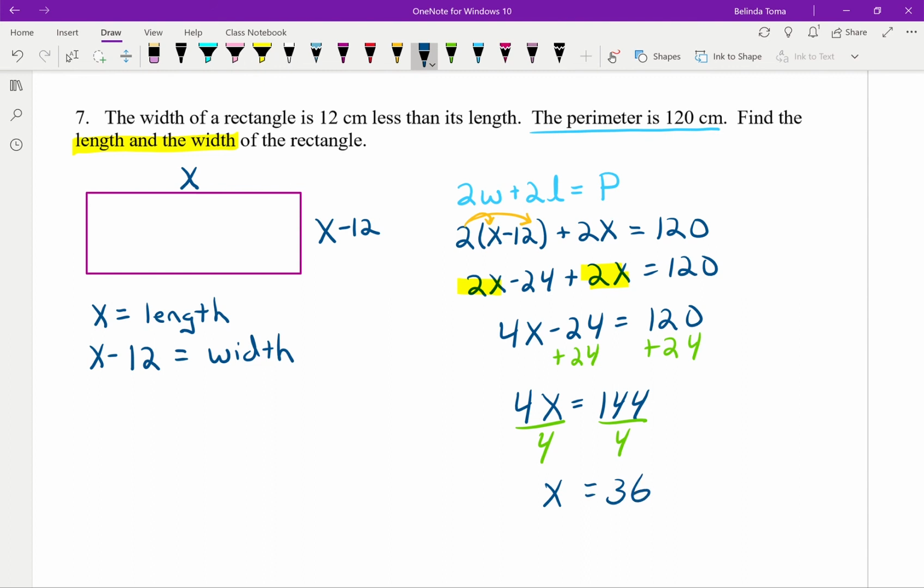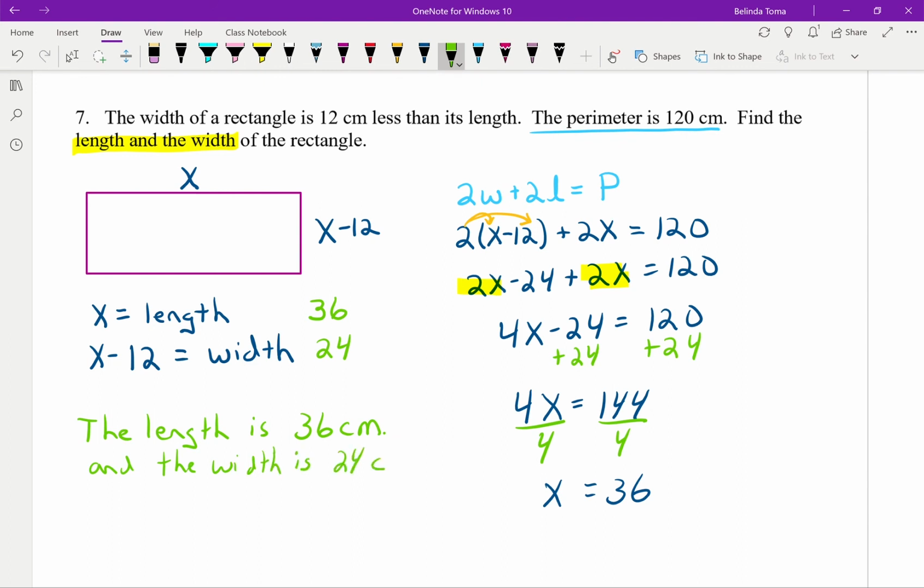So the question asked us for both the length and the width. So if our length is 36, then 36 minus 12 would be 24. So the length, and of course we want to use our units, is 36 centimeters, and the width is 24 centimeters. Usually our widths are smaller than our lengths.